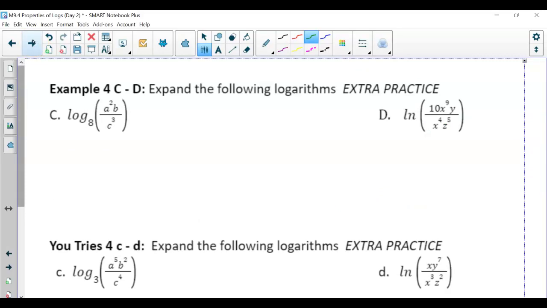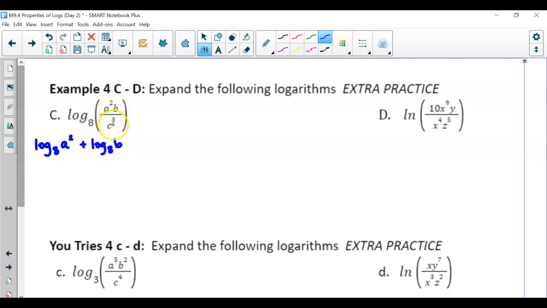So now here, if you wanted that extra practice, again, expanding. So here I've got log base 8 of our expression here. Now notice nothing can be simplified. So I'm just going to go ahead and start expanding. Log base 8 of a squared plus log base 8 of b, right?